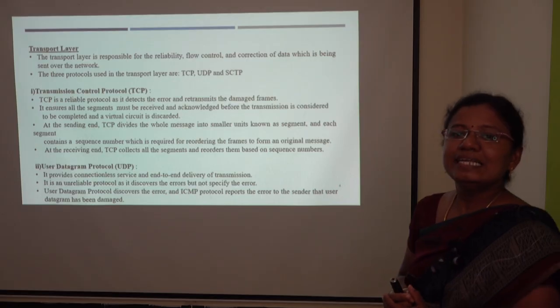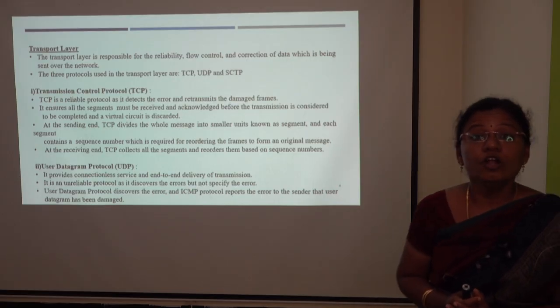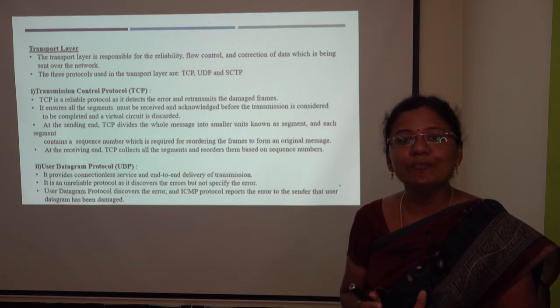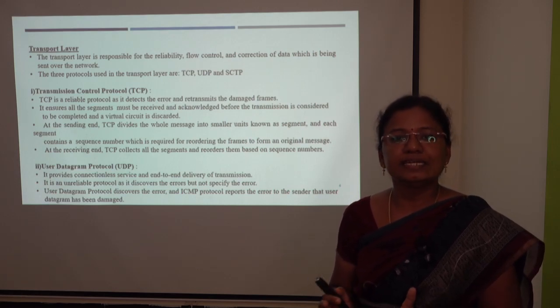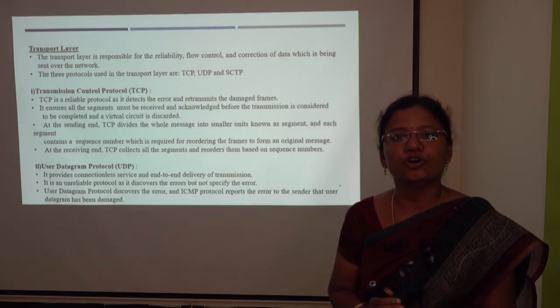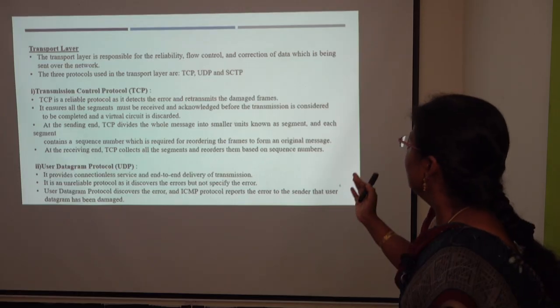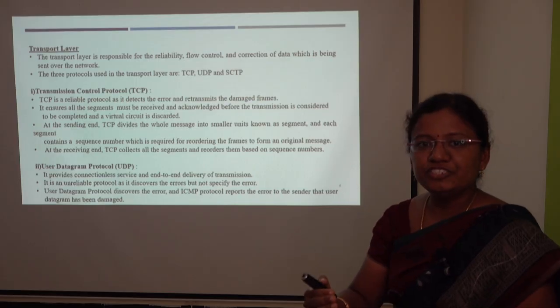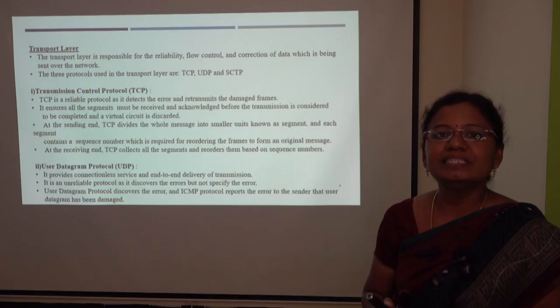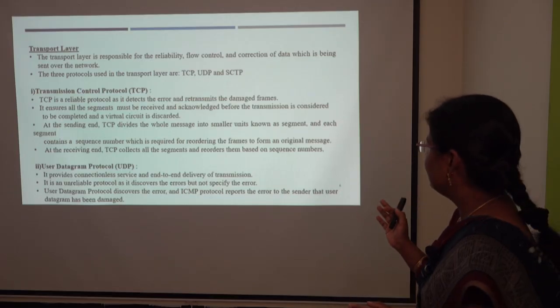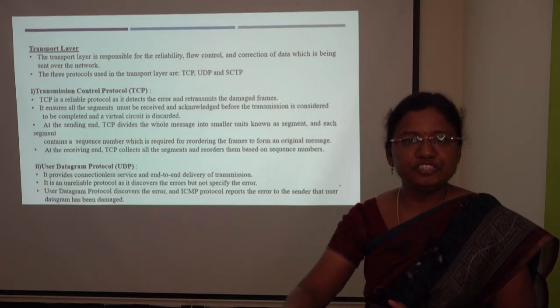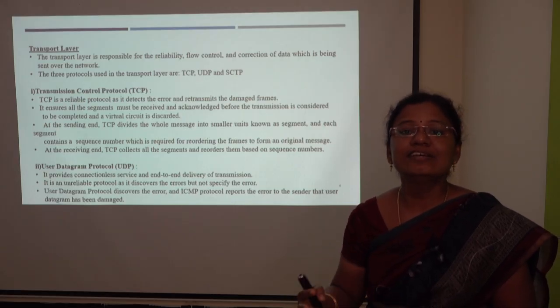We know that TCP is Transmission Control Protocol. It is a connection-oriented protocol, so it is a reliable protocol for the user. When we are sending a message with the help of TCP, the message is divided into a number of segments and transmitted to the destination based on the sequence number.